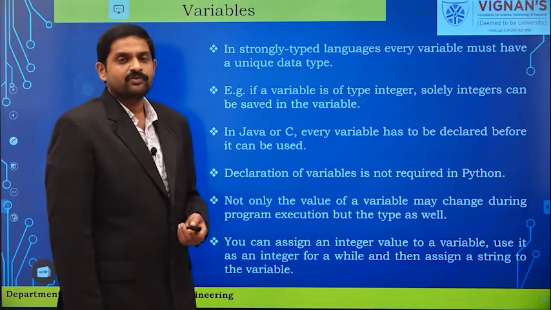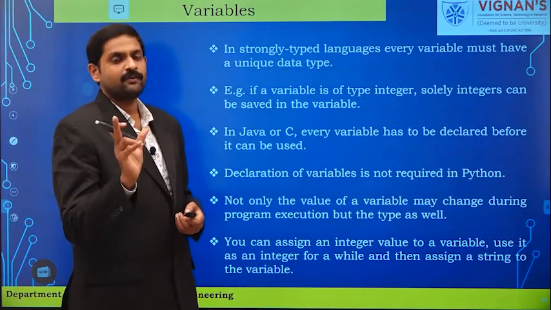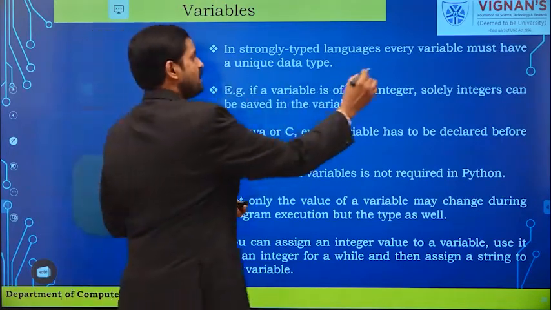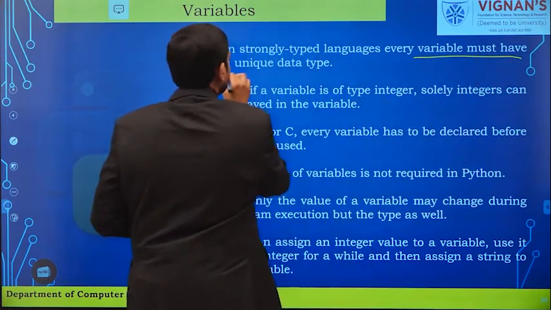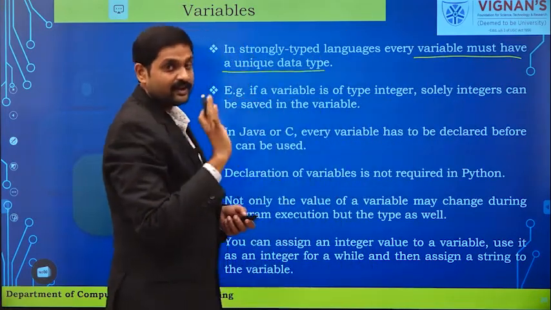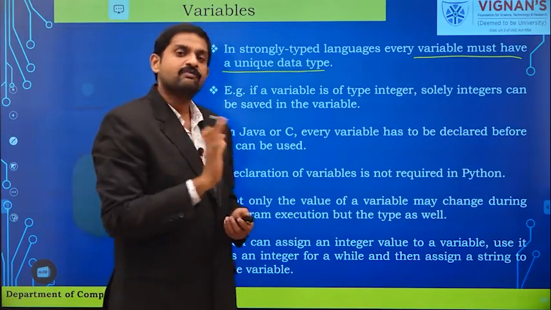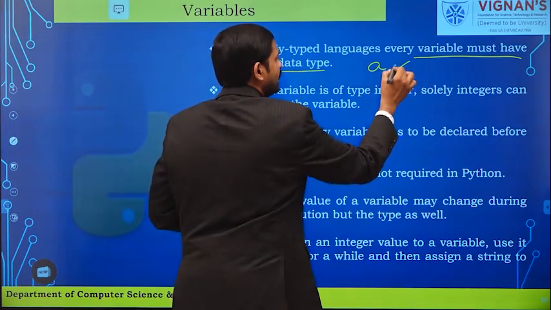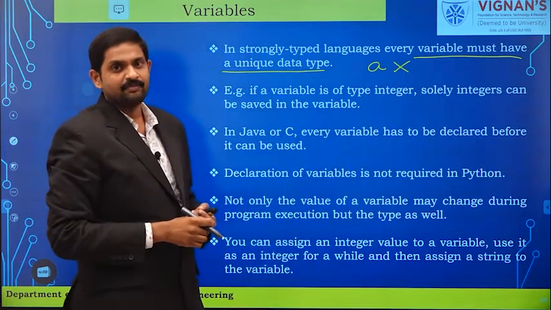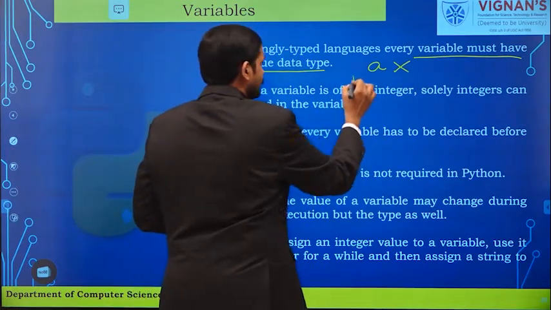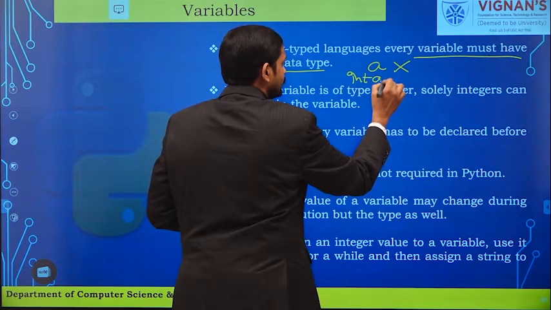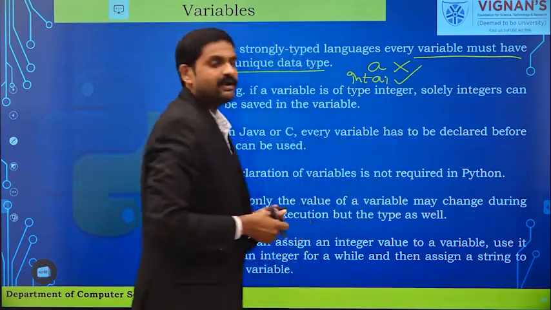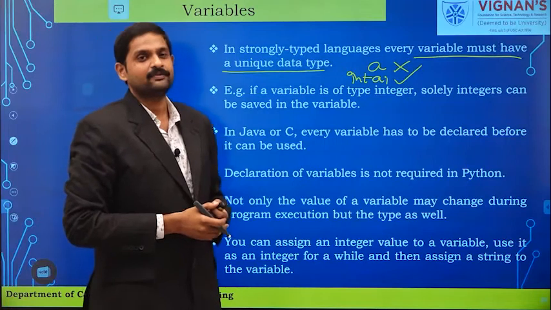In Java, a variable must have a unique data type. It doesn't allow a variable without giving the type. a alone is not a valid statement in Java. int a is a valid statement in Java.